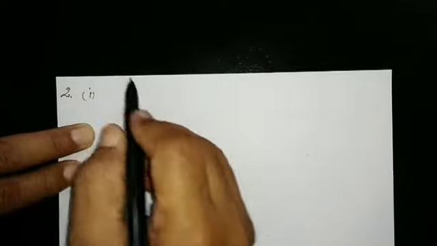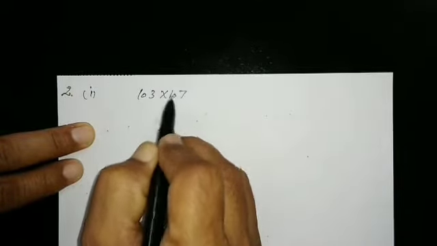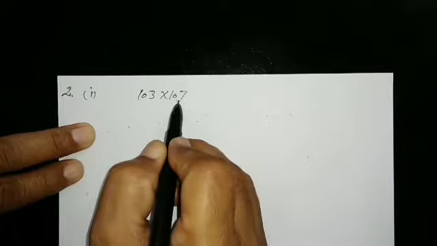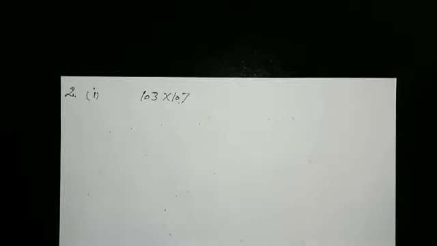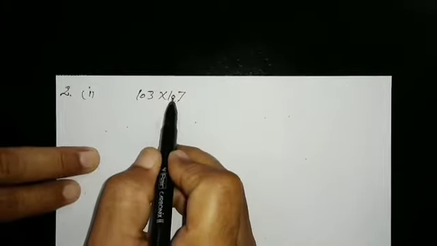Now come to question number 2, part 1. Evaluate the following product without multiplying directly: 103 multiply 107. So we have to find the multiplication of these two numbers without multiplying directly, which means you have to use identities.